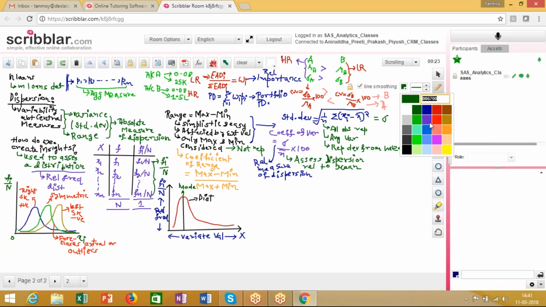Now in the next part, where is the median? You see that this distribution is defined over this entire real line.